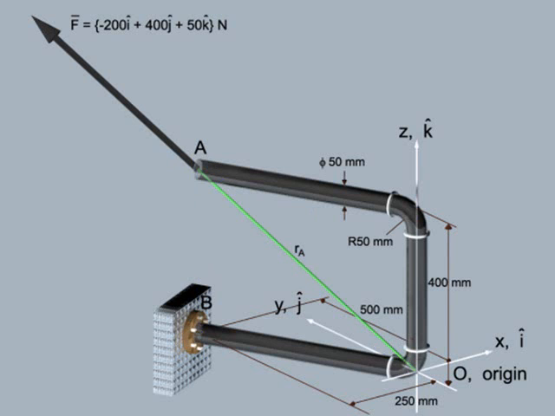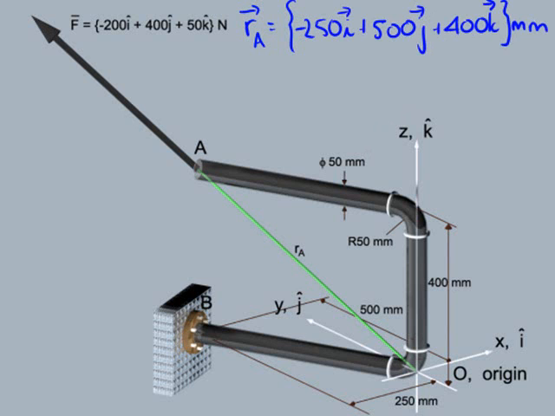In Part A of Question 1, we used these dimensions to determine that RA equals minus 250i plus 500j plus 400k millimeters.